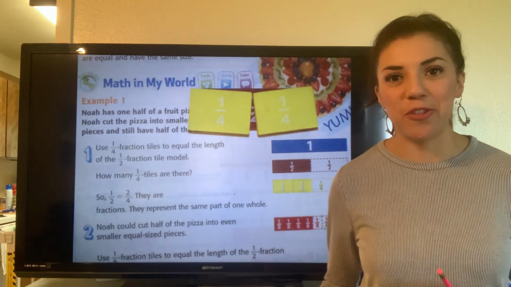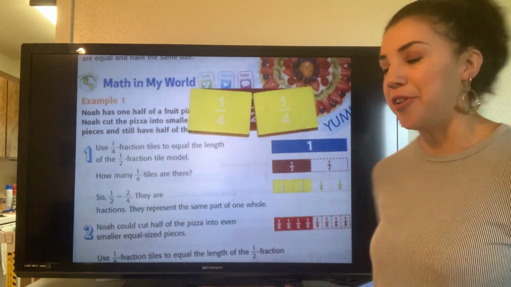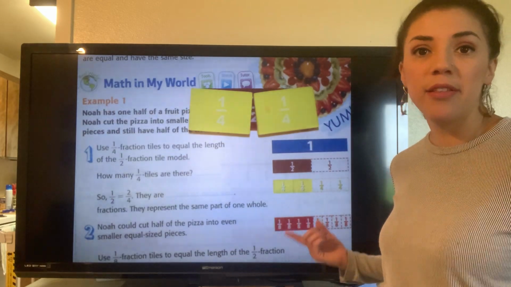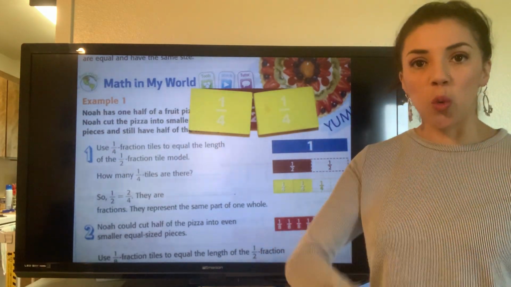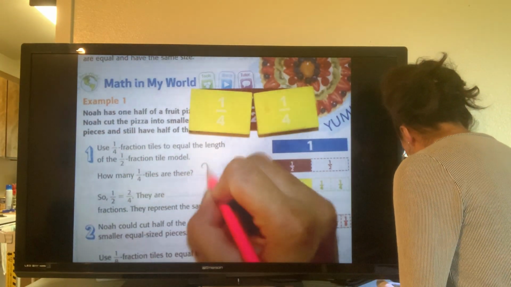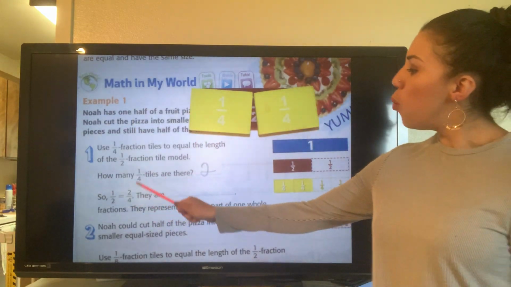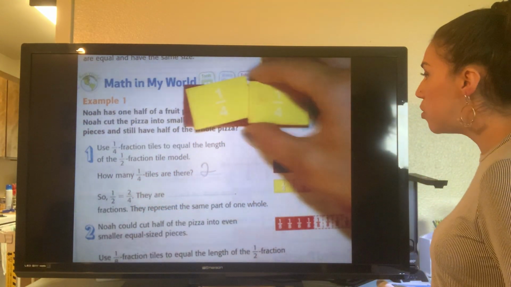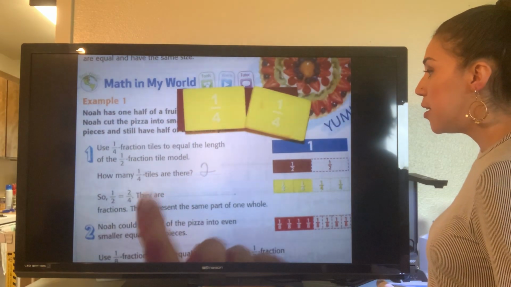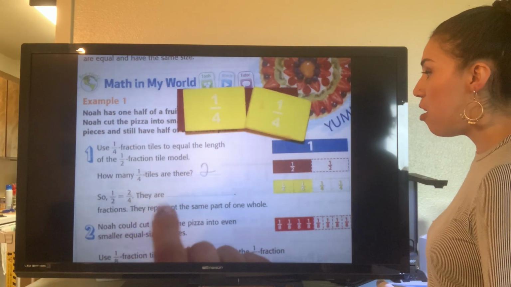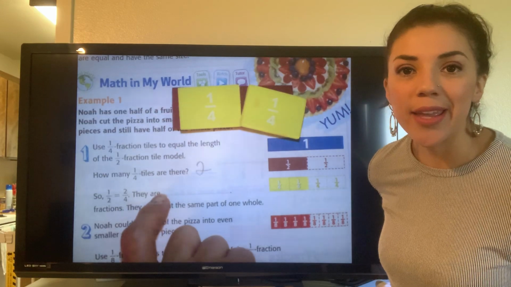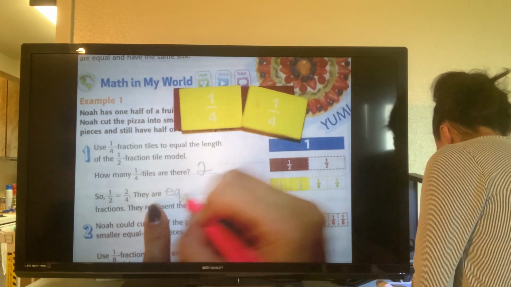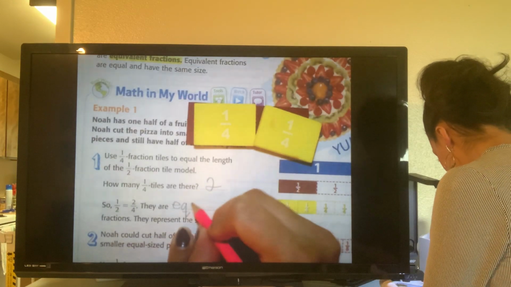And we kind of saw that with the tortillas already. I already modeled it with the tortillas. So how many 1/4 tiles are there? There are 2. You got it. So 1/2 equals 2/4. They are equal or equivalent. So let's go ahead and write equivalent because that's our new fancy word.